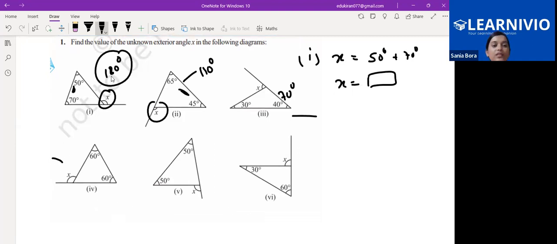Next one, Suleiman, fourth one. My answer will be 120. Everybody got 120 degrees?